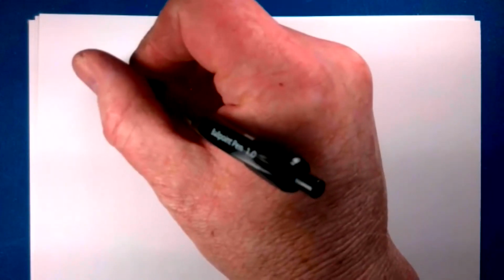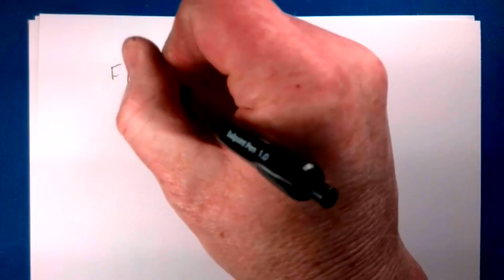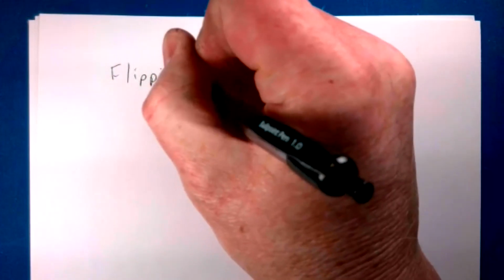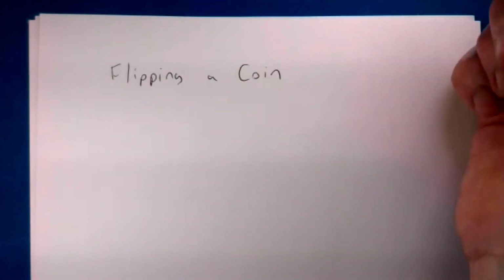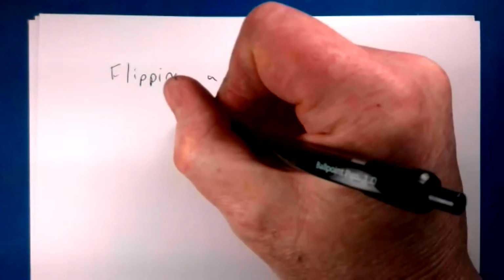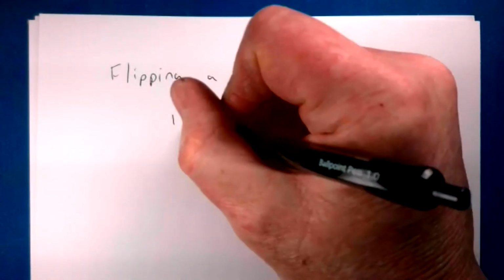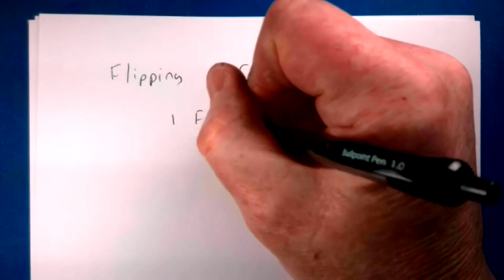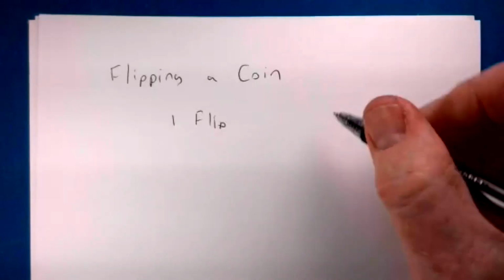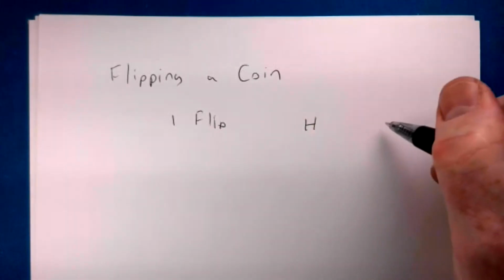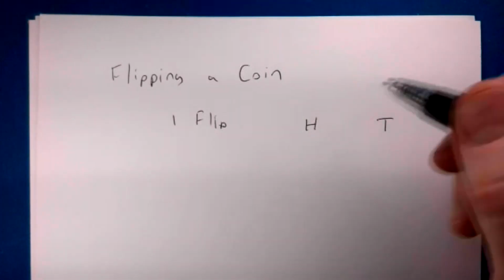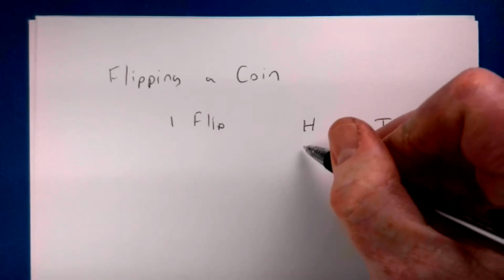It's sort of like flipping a coin. Okay, so let's do one flip. It could be heads or it could be tails, right? And there's a 50% chance of each one of them.